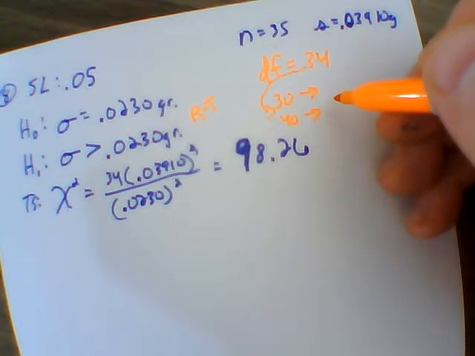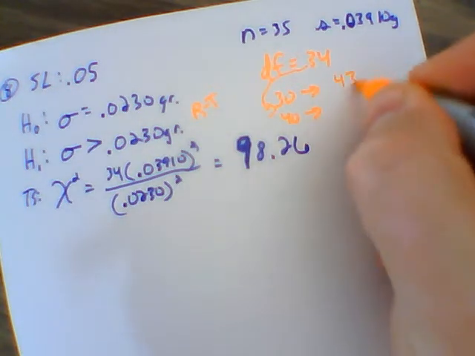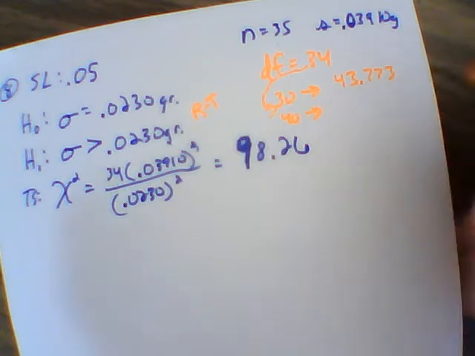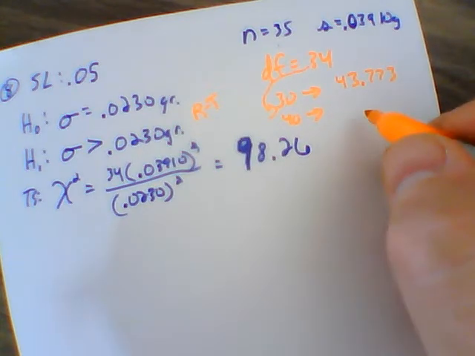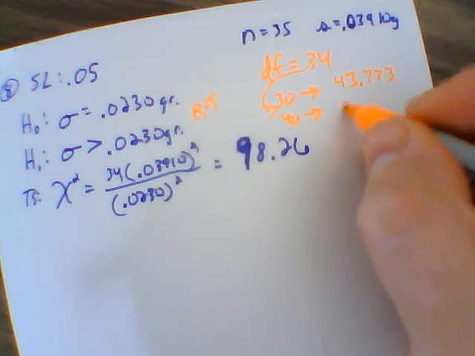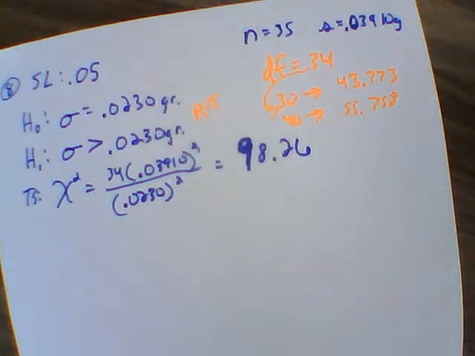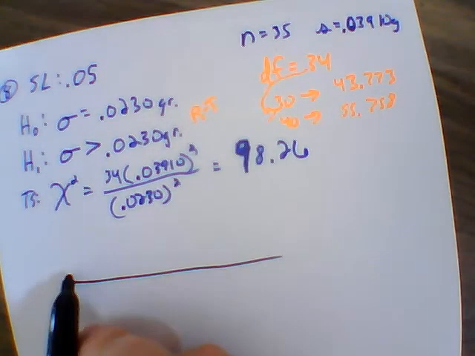But if we follow that over and look at 0.05 where 30 is at, this gives us 43.773, and then 40 for 0.05 gives us 55.758. So if we notice we have these two values, let me come here and quickly draw what's happening.